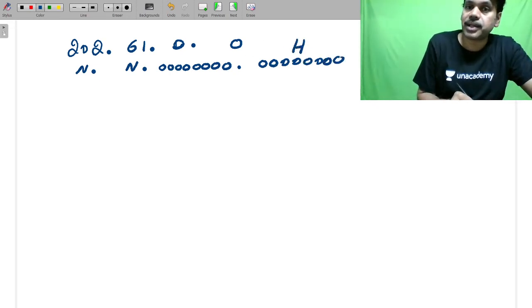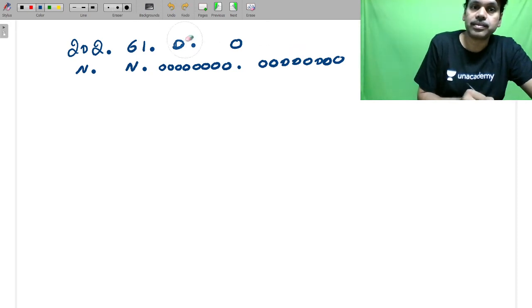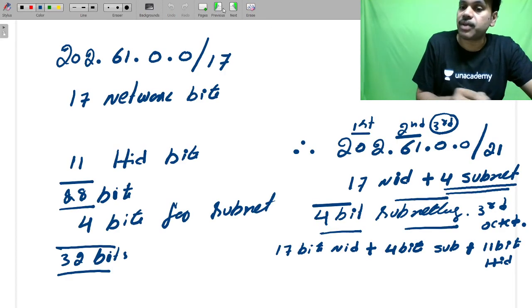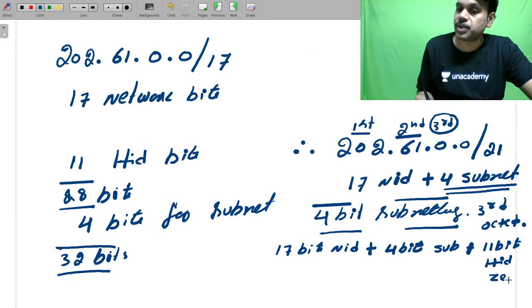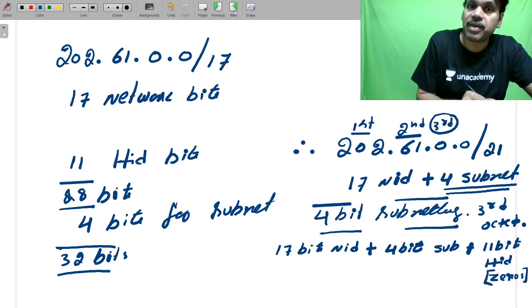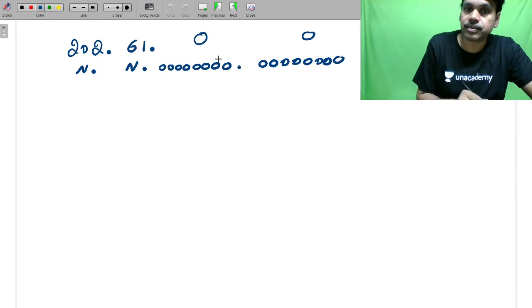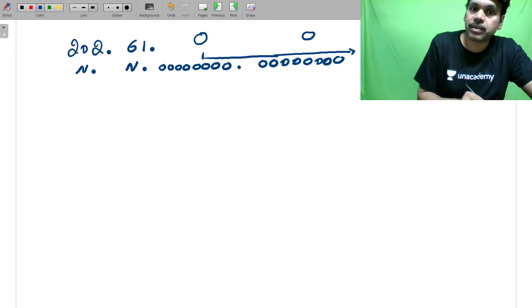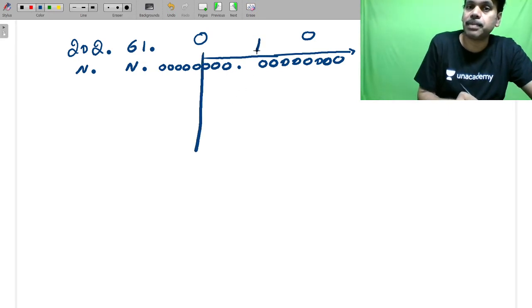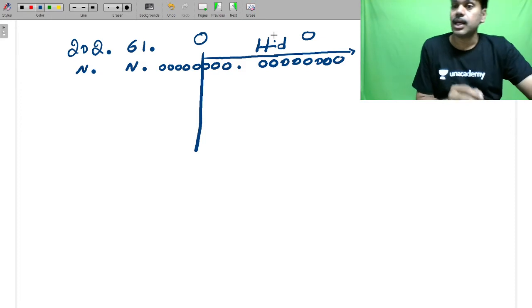This is your HID. Zero and 0. And how many zeros are required? 11-bit HID means zeros only. So 11 bits zeros. So from here to here, it is your HID part. 11 bits are HID from right towards left.